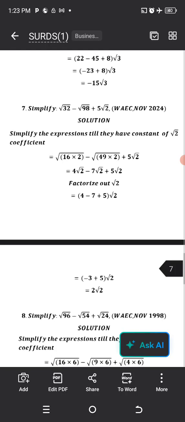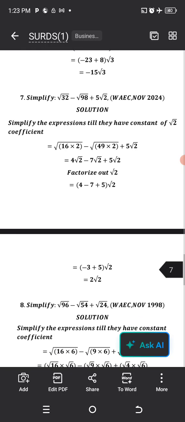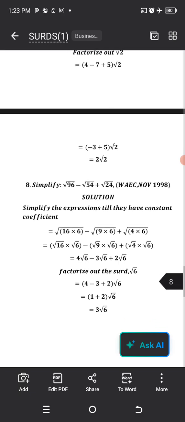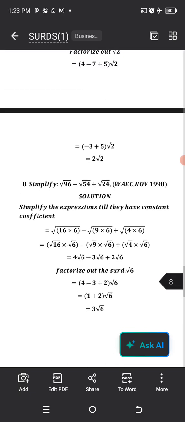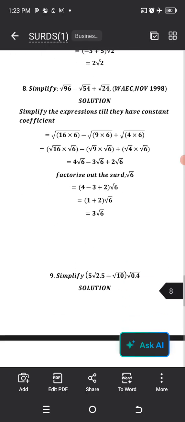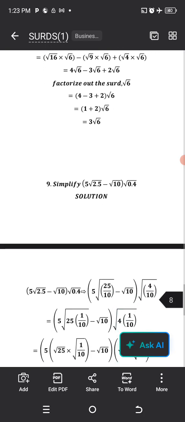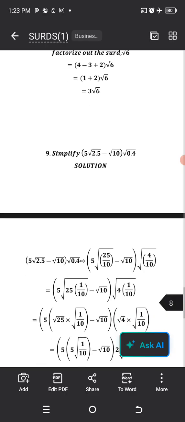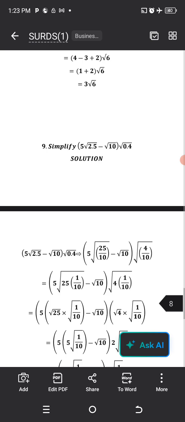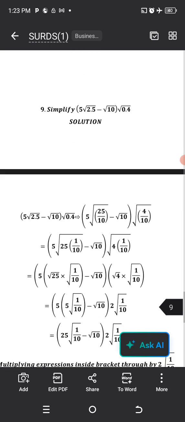You can see question 7 is the year 2024. It's not that far. And then this one is 1998. That is question 8. This is question 9. You see that this one is in the form of decimal, but you don't need to worry, what you have been solving here is the same kind of number.